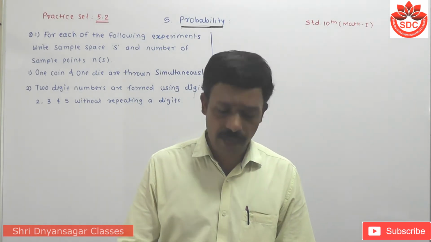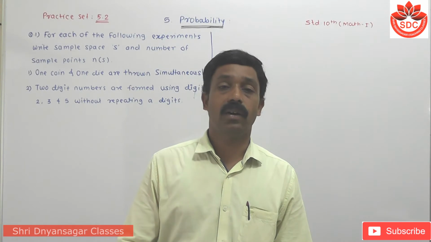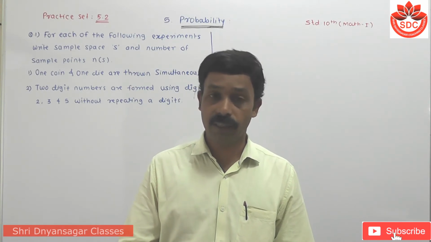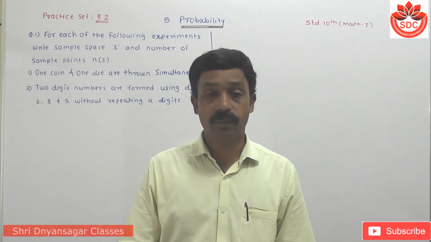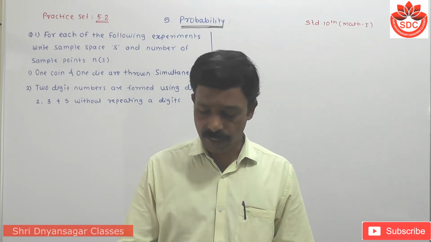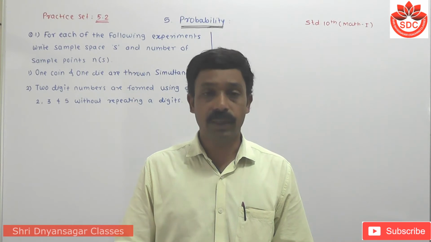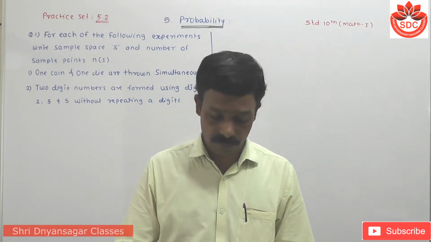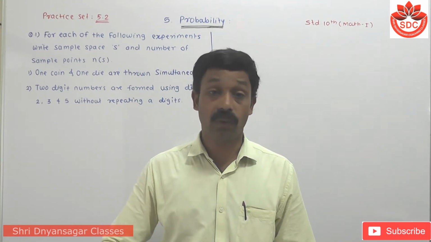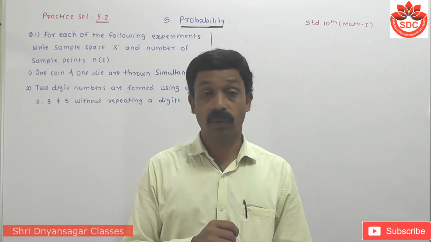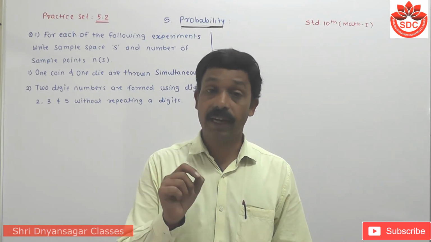Then the next one is, a die is thrown. All of you know that on the die there are 6 numbers. So the sample space is {1, 2, 3, 4, 5, 6}, and the number of sample points is 6. Then the fifth one is, 2 dice are thrown. Sorry, 2 dice are thrown. When 2 dice are thrown, on each die there are 6 numbers.